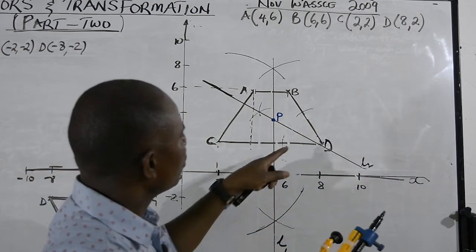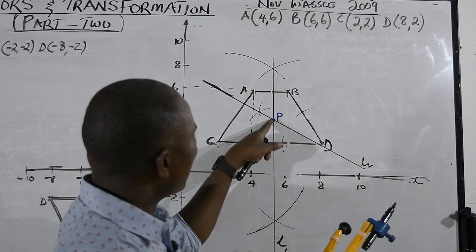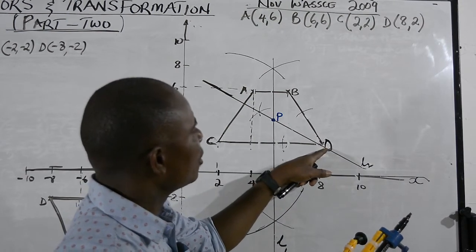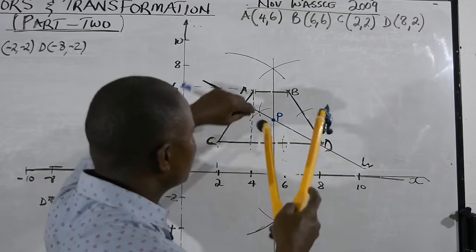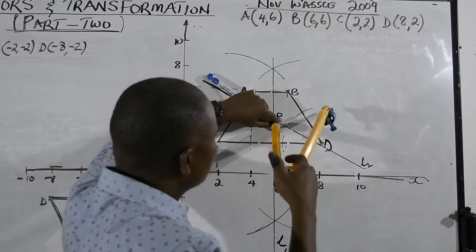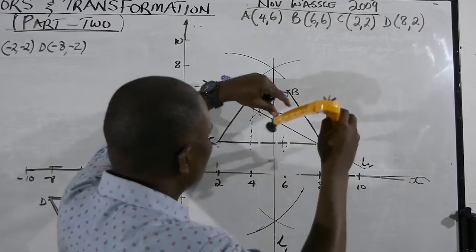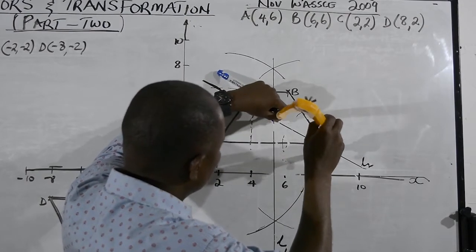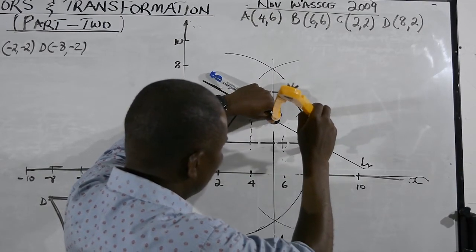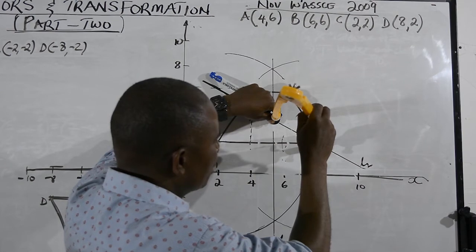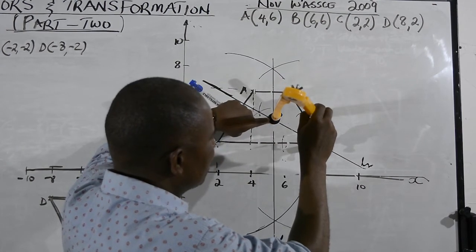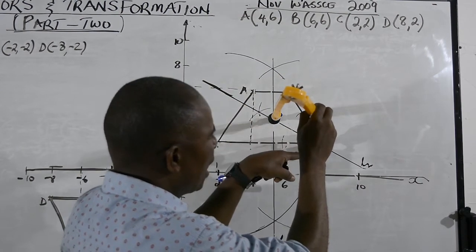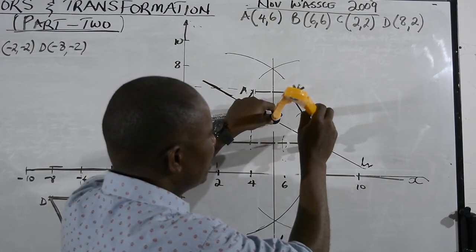With P as center and PD as radius, construct locus L3. So the center is here. Then I open the compass to a convenient radius, then I open it to that D. That is P as center and PD as radius. So the D is the radius.